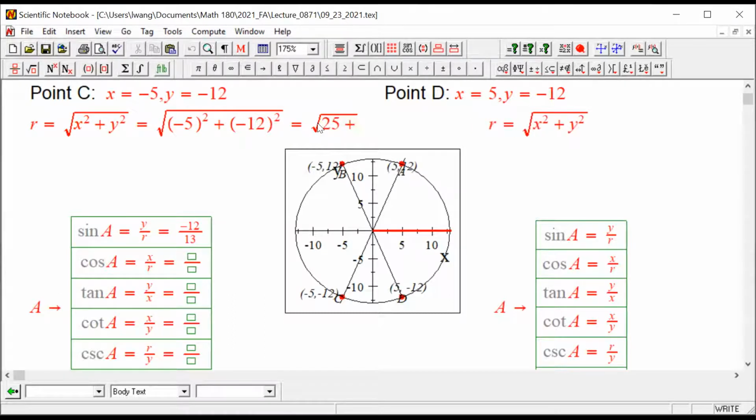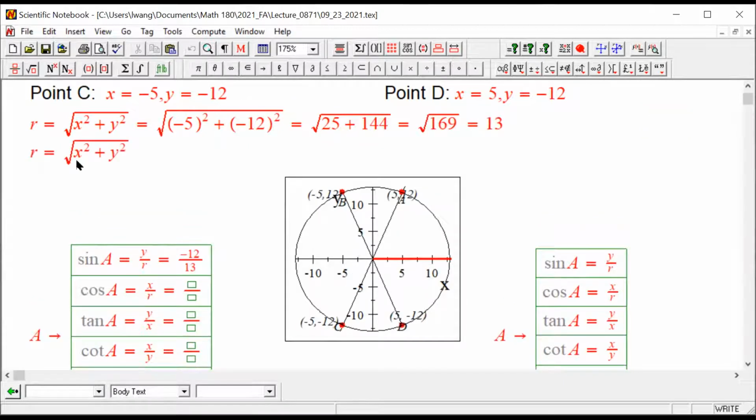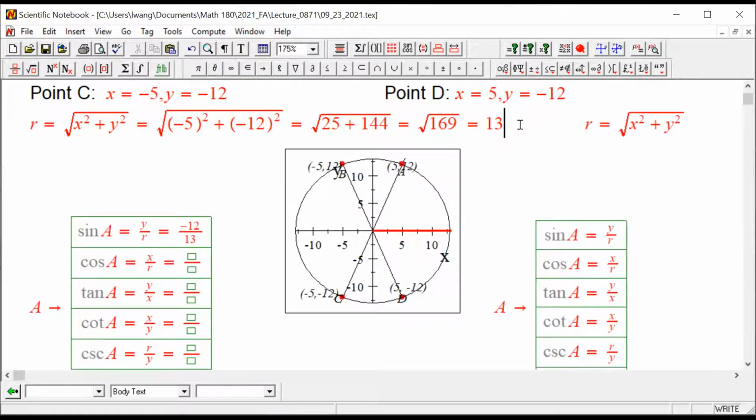Negative 12 squared is 144. You still end up with the square root of 169, but I want you to go through that process for yourself. So R is 13. That's for C.